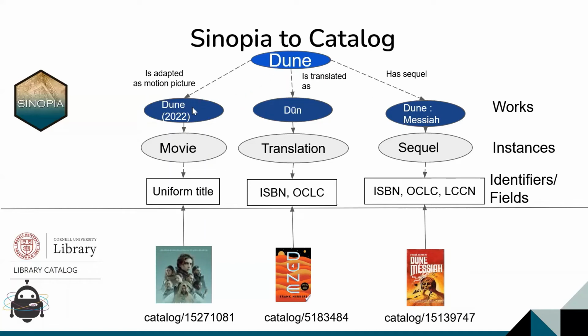So we have a movie adaptation, we have a translation, and we have a sequel. And each of these works has an instance that then has identifiers that we can use to look up the catalog, or in the movie instance, has a uniform title we can use to look up the direct resource in the catalog.